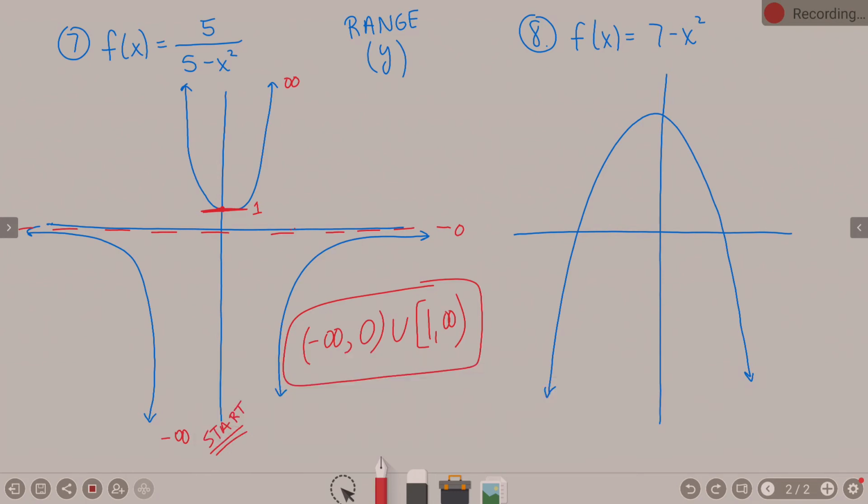Okay, range, y values. Where are my y values going here? Negative infinity, yes? My graph is going down off the screen, so it doesn't matter whether you think the left side or the right side. We're going down off the screen, negative infinity. Now, whether you go up, left, or right, where's a breaking point or a stopping point?